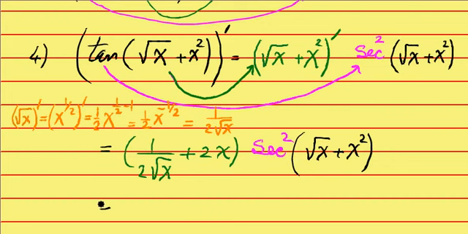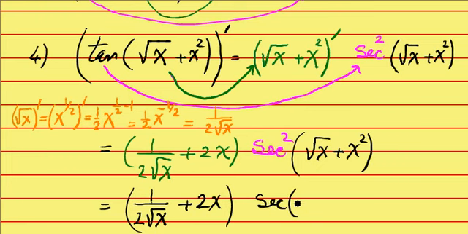Let's write it out so that we are clear as to what we are doing here. 1/2 radical x plus 2x, and then this means that you apply the function secant to this input, and when you are all done, you find that number, whatever it is, and you square that. Has nothing to do with squaring this parentheses.